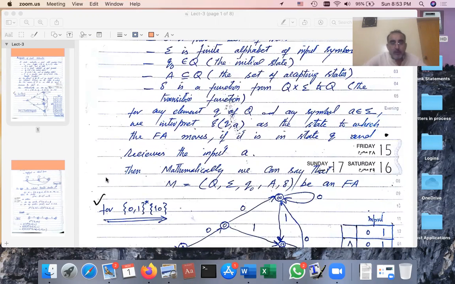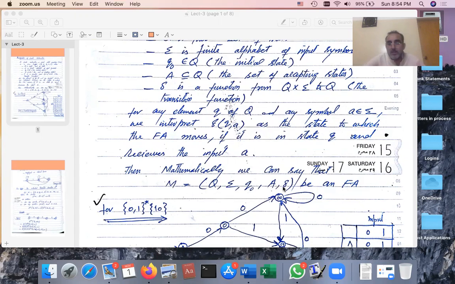So finally we can write the definition of an FA in a mathematical form. For example, a finite automaton M is equal to a set of 5 tuples, and the elements in that set are Q, sigma, Q0, A, and delta.